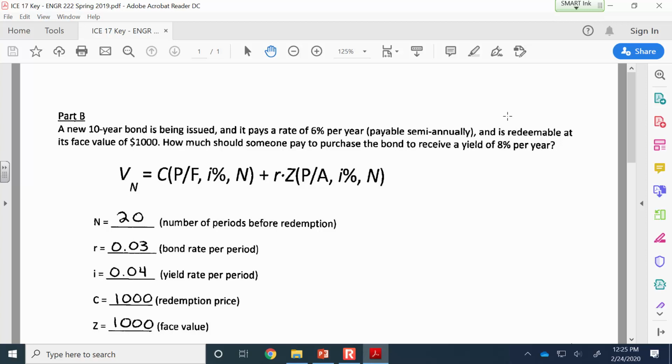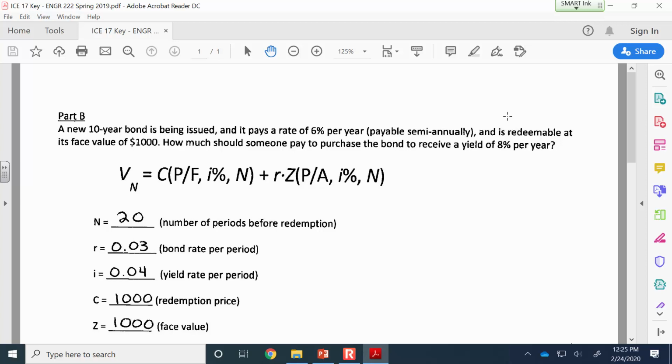So what we essentially have, if we were going to draw a cash flow diagram of it, the company is paying 1, 2, 3, 4, all the way through n equals 20, and there's a uniform series of $30 for each period. So that's one thing that the company is doing. And then the other thing that the company is doing is this single lump sum, where F is 1,000.